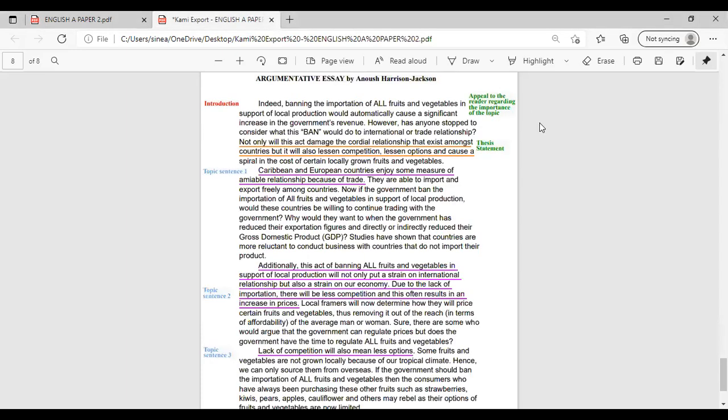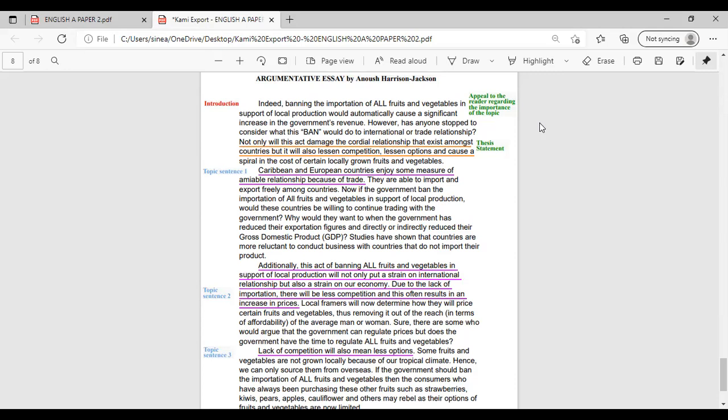All right, so this is an argumentative essay by Miss Anush Harrison Jackson. I decided to use her example simply because I didn't have time to formulate anything for you. So I decided that let's go with what she has and let's analyze it, right? So she starts, indeed, banning the importation of all fruits and vegetables in support of local production would automatically cause a significant increase in the government's revenue.